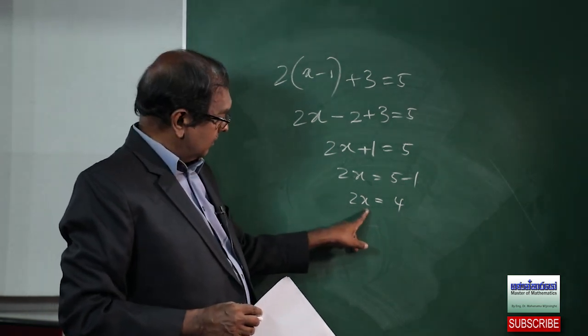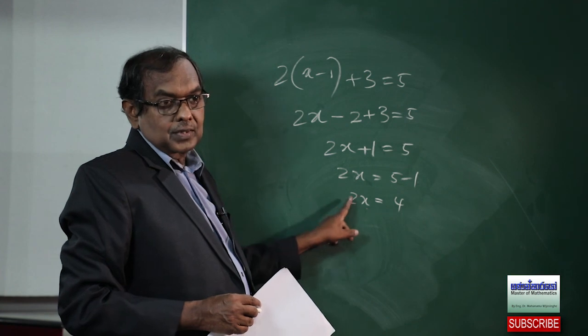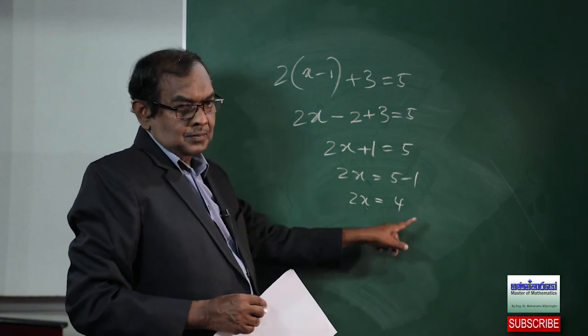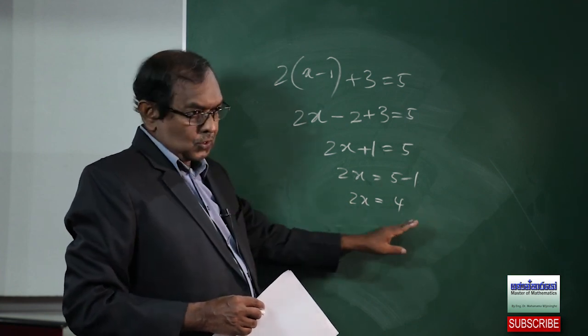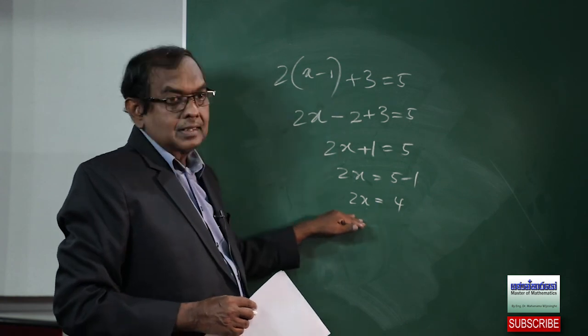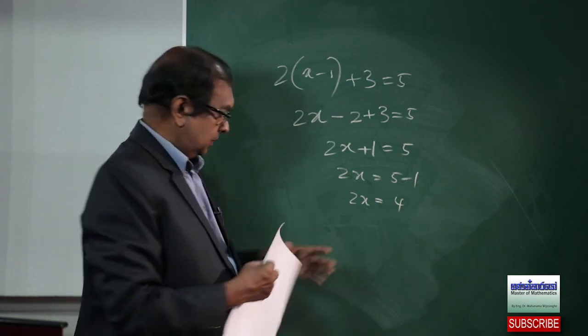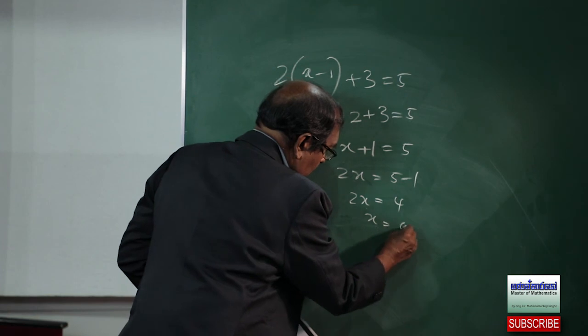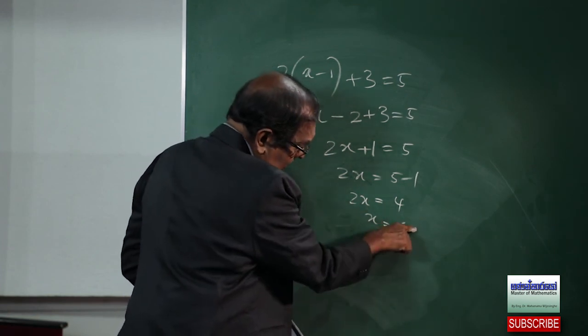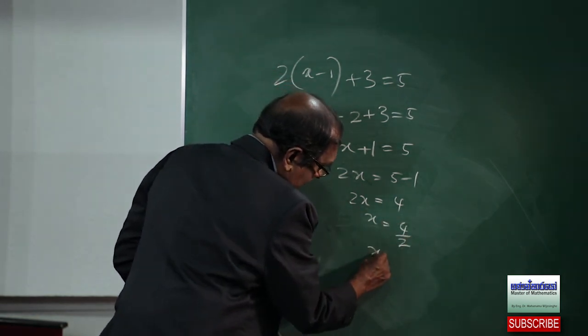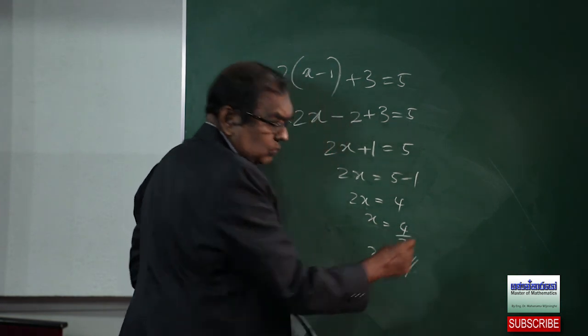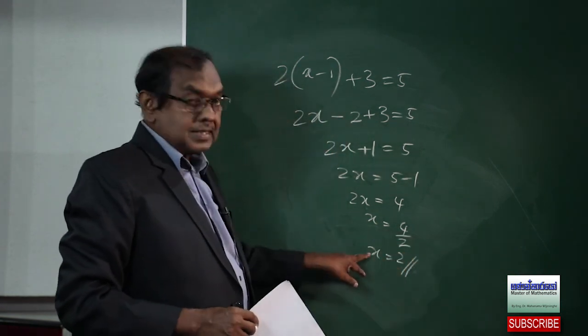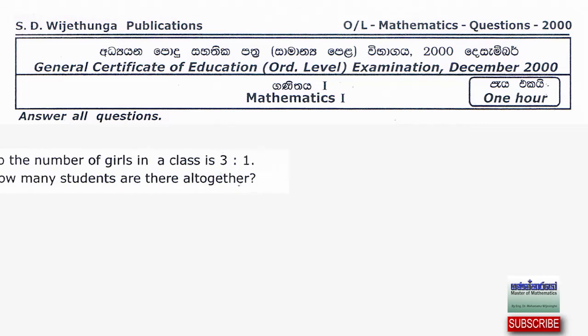Therefore, to get the x value, we have to move this 2 to the other side. Then it should be division, or we can divide both sides by 2. Then x equals 4 divided by 2, x equals 2. This is the answer.